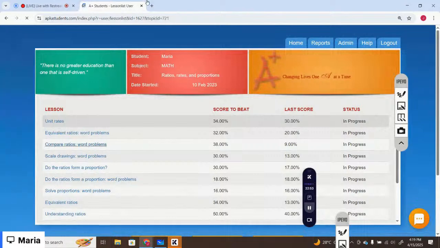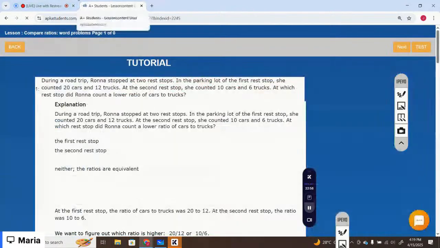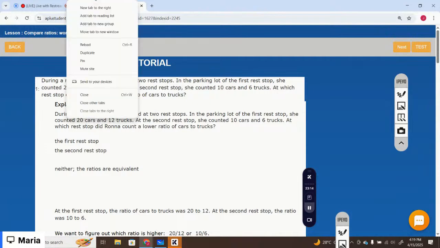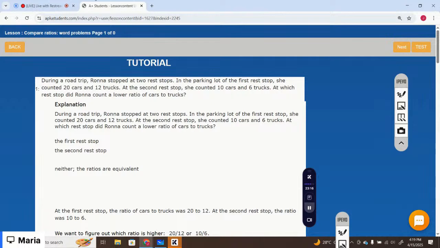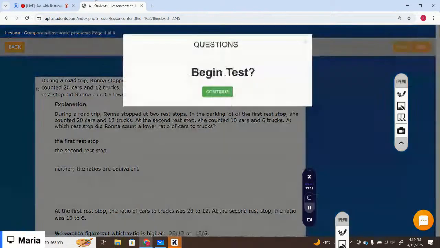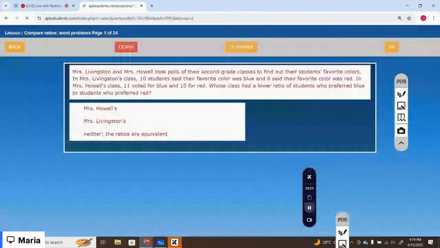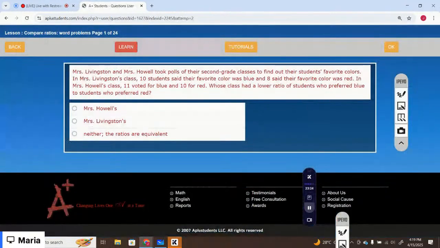The next lesson is compare ratios with problems. Let's just start with the test questions. Mr. Livingston and Mr. Howell took polls of their second grade classes to find out their students' favorite colors.